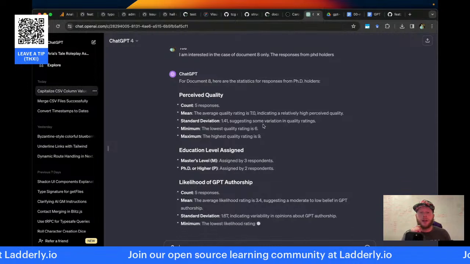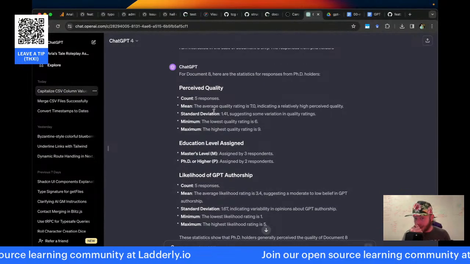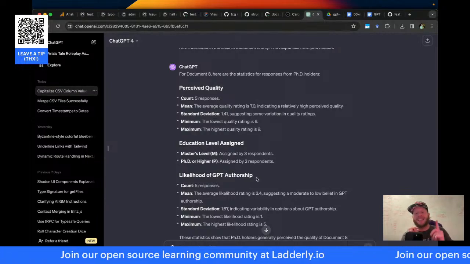Right. Well, the PhD holders were right in line with everyone else. Actually, the PhD holders assessed it as higher quality.